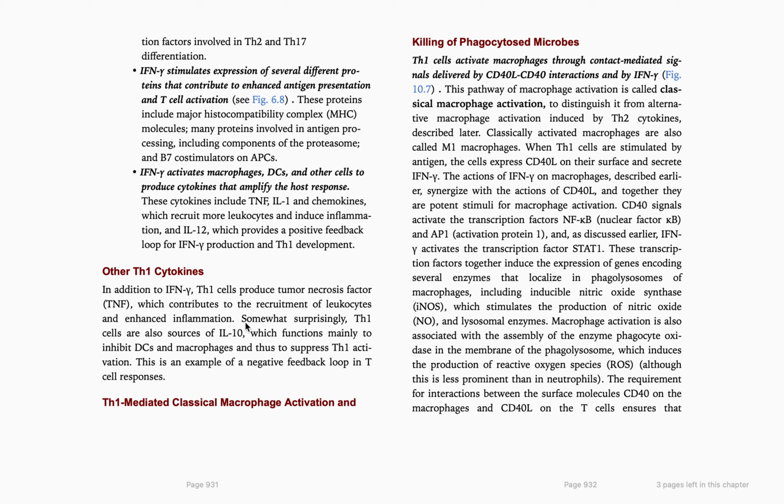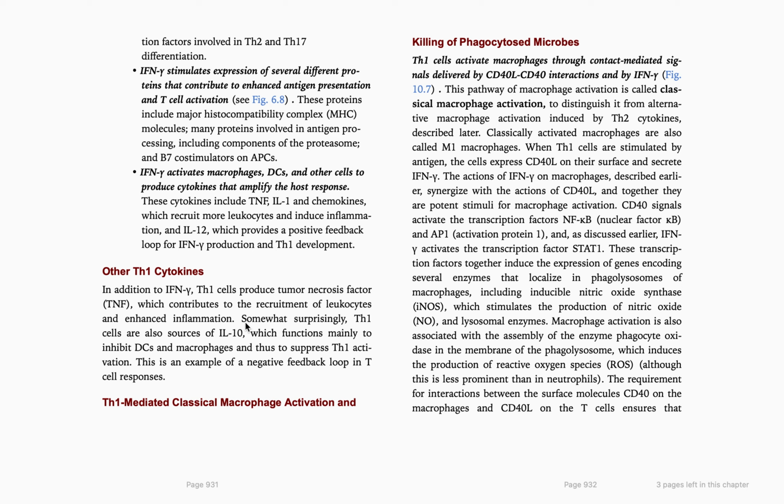The proteins include major histocompatibility complex molecules, many proteins involved in antigen processing, including components of the proteasome, and B7 co-stimulators on antigen-presenting cells. Interferon gamma activates macrophages, dendritic cells, and other cells to produce cytokines that amplify the host response.